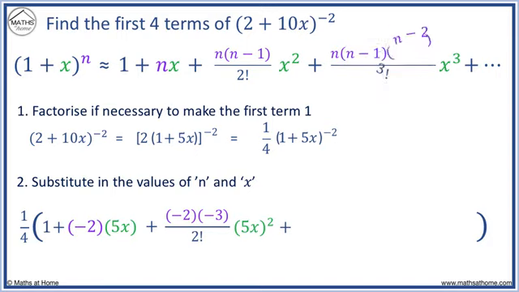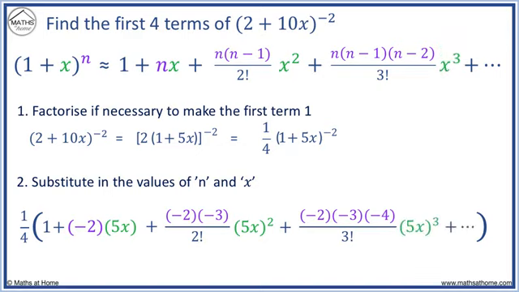This fraction becomes -2, -3, -4, all over 3 factorial, and x cubed is (5x) cubed for us.